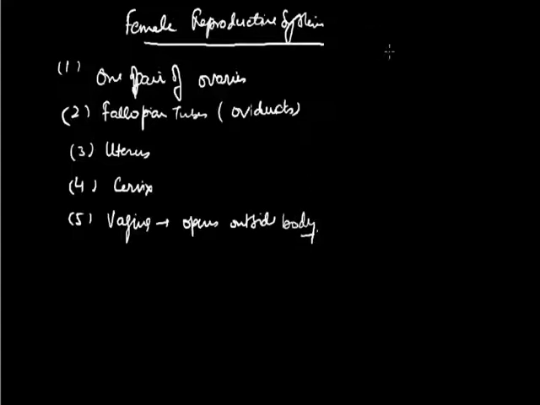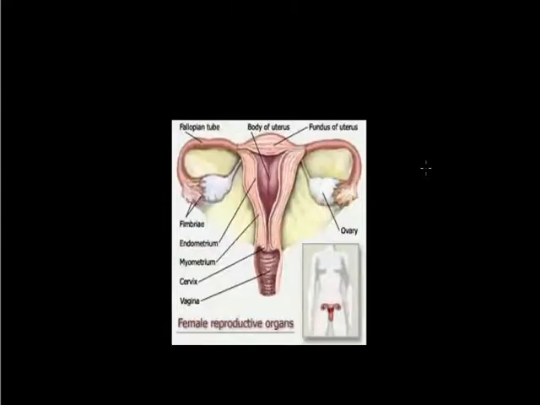If we see the anatomy of the female reproductive system, here is the diagram. The first organ which I have just named is the ovary. Then these are fimbriae. These are finger-like processes which join to the fallopian tube, and these fallopian tubes, right as well as left, open into the uterus.